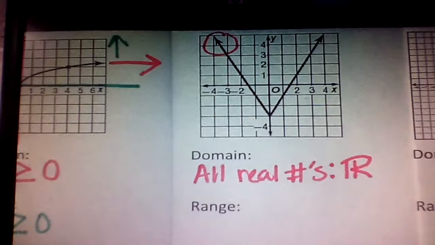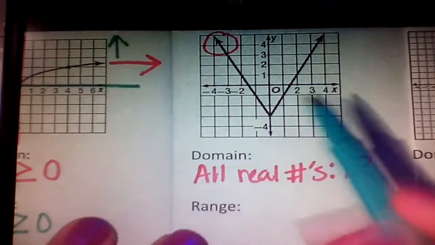Okay. So if it continuously goes in both directions, to the negative and to the positive, all real numbers. Okay, my range, though. What's happening with my range? It stops at -3.